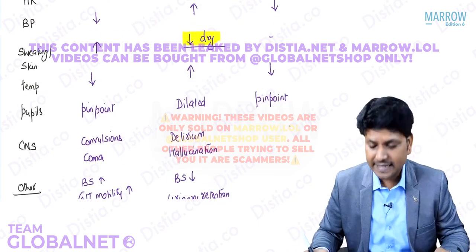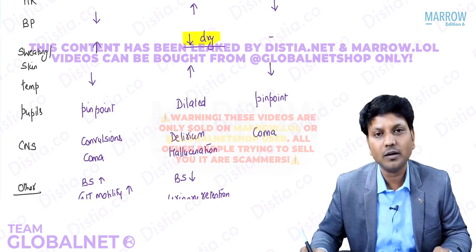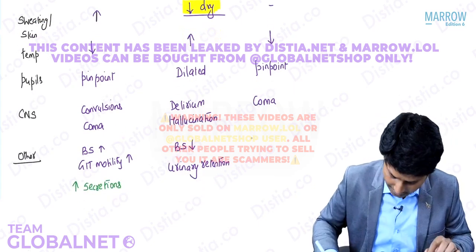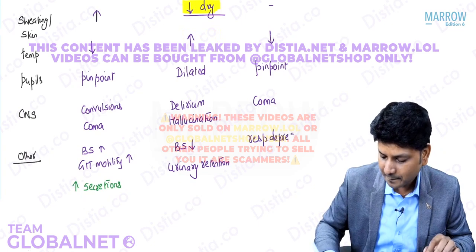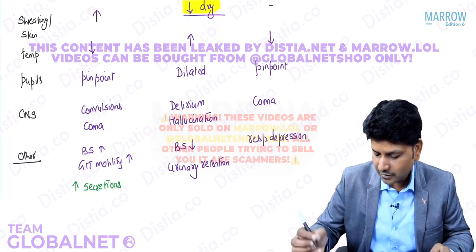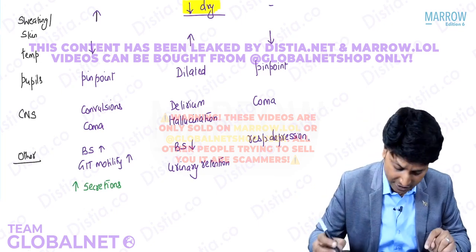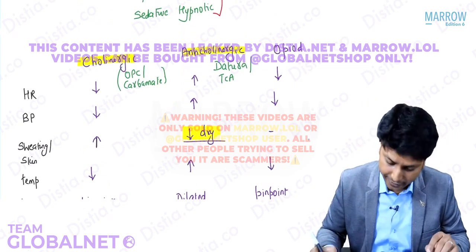What about the CNS status? Patient will be in coma. You look at the other features. Patient will be having respiratory depression. Do remember, friends, if a patient is suffering from these kinds of features, the patient is suffering from opioid toxidrome.